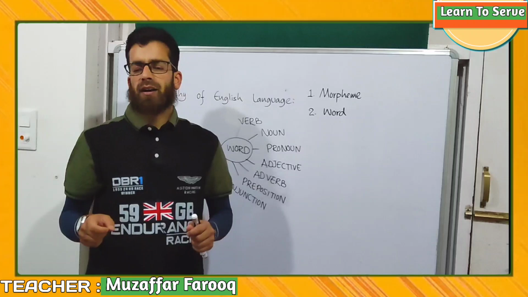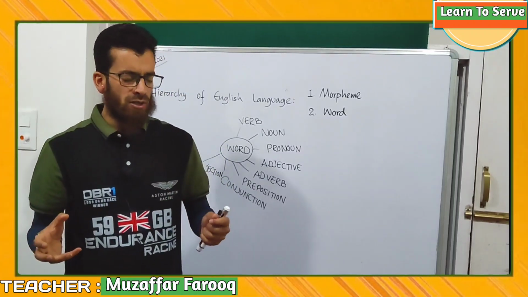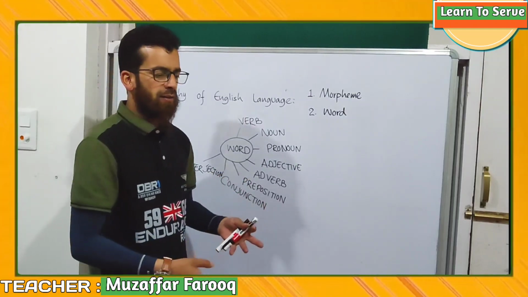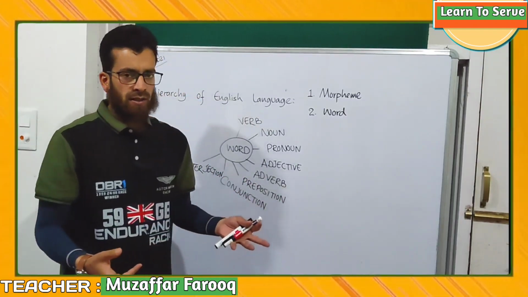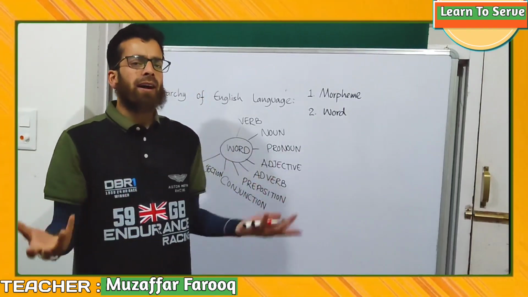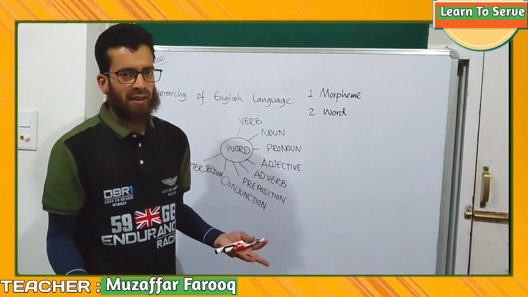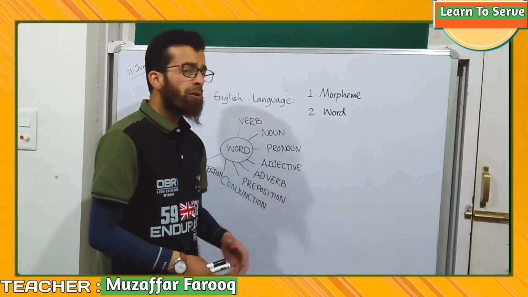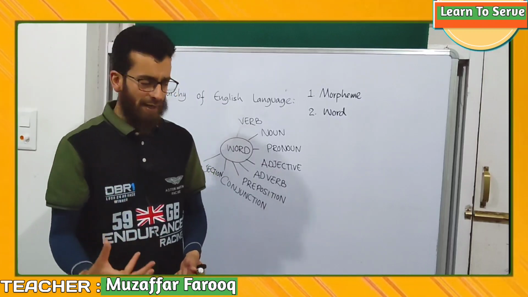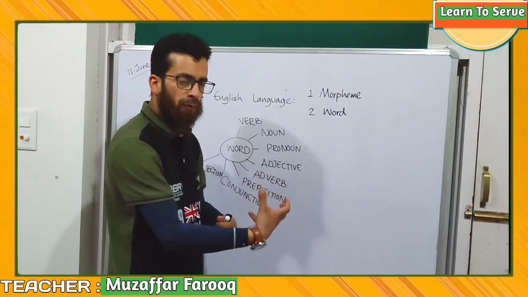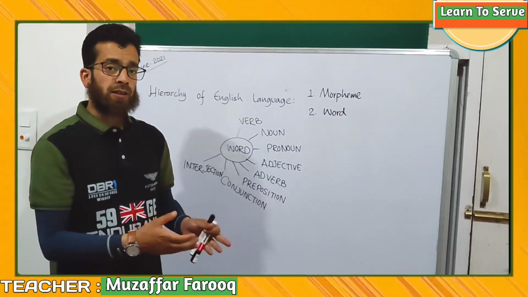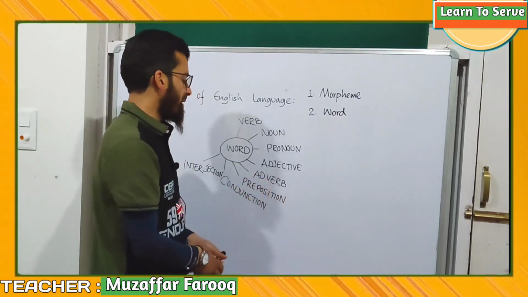Now, if I ask you what is a noun, you may simply say, sir, this is a naming word. It may name a person, a thing, or a place, or an idea, whatever we can think of. Pronoun is used in place of noun. Adjective modifies or gives us more information about noun. Adverb modifies the meaning of verb, adverb and adjective.